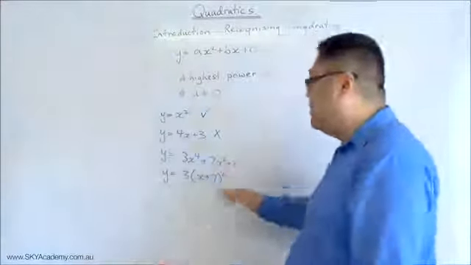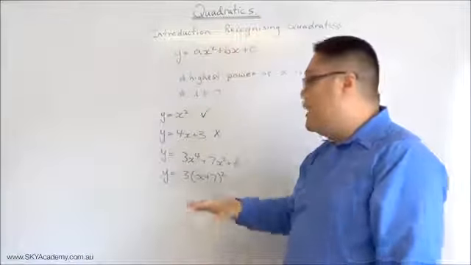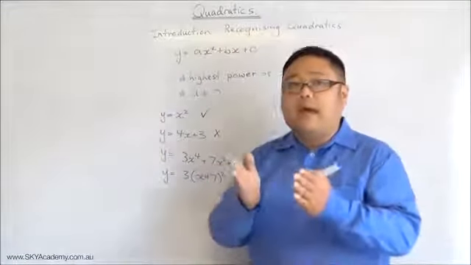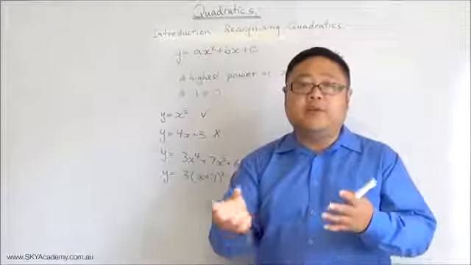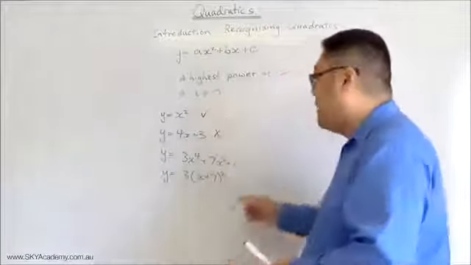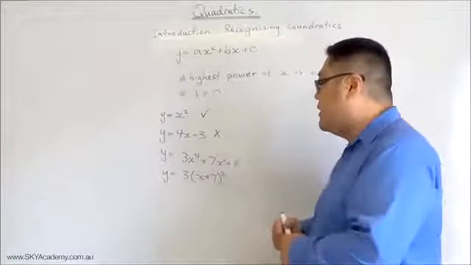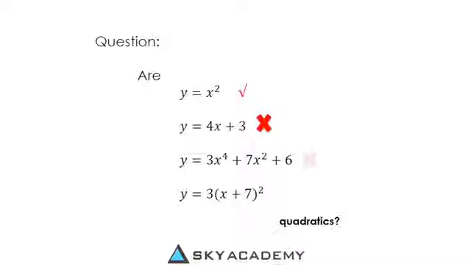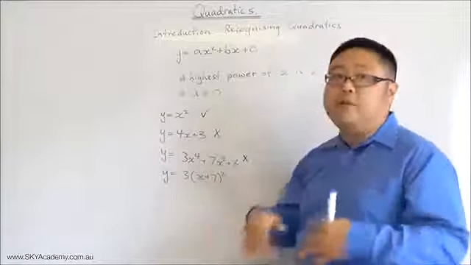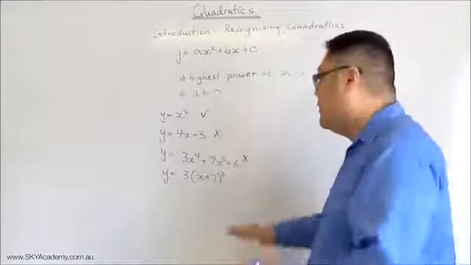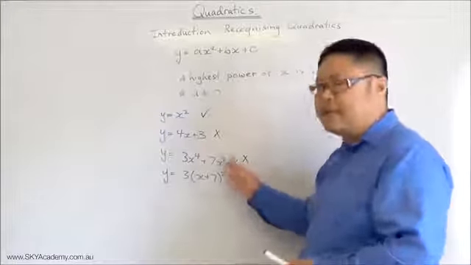While this may not be a quadratic in this sense of the term, it's what we call an equation that's reducible to a quadratic. It can be turned into a quadratic, and I'll go through that in a later episode. So according to this definition it's not a quadratic, but it can be turned into one. Let's lay that to the side, but for the time being, let's say that's not a quadratic.